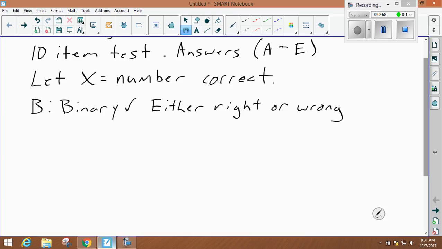All right, and is each observation independent? Yes. Exactly. Getting one right doesn't change the probability of getting the next one right.